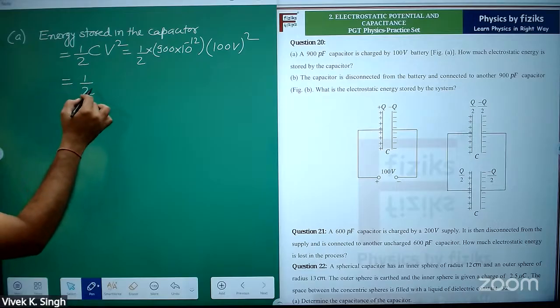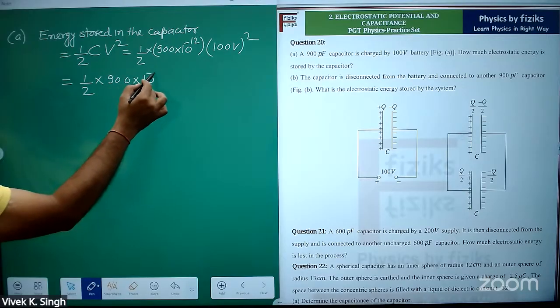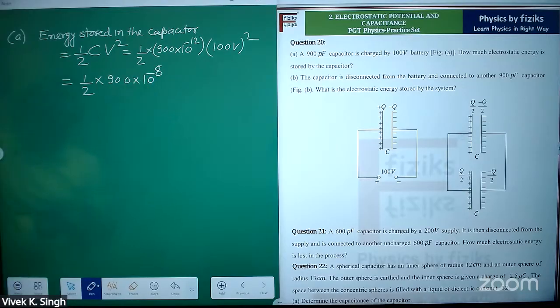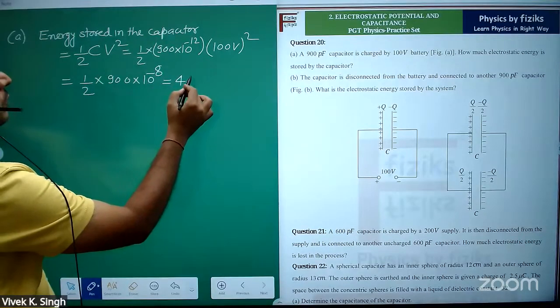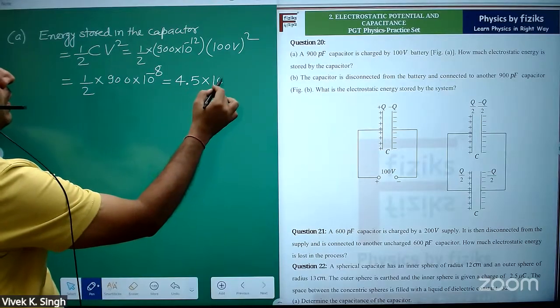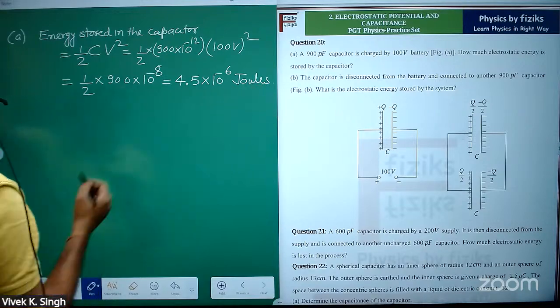So 1 by 2, 900 into 10 to power minus 8. And this you can write as 4.5 into 10 to power minus 6 joules. So this is the energy stored.